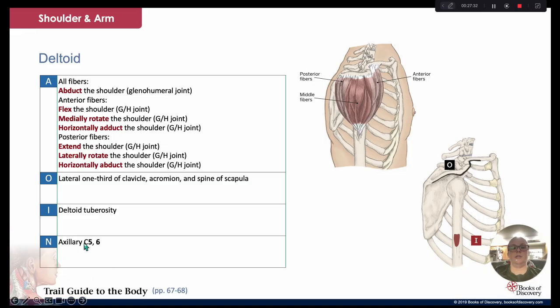So if you're having issues with, we'll say, your C5 or C6, your cervical spine 5 or 6, it might ultimately start affecting the function of the muscles that are innervated by that nerve.